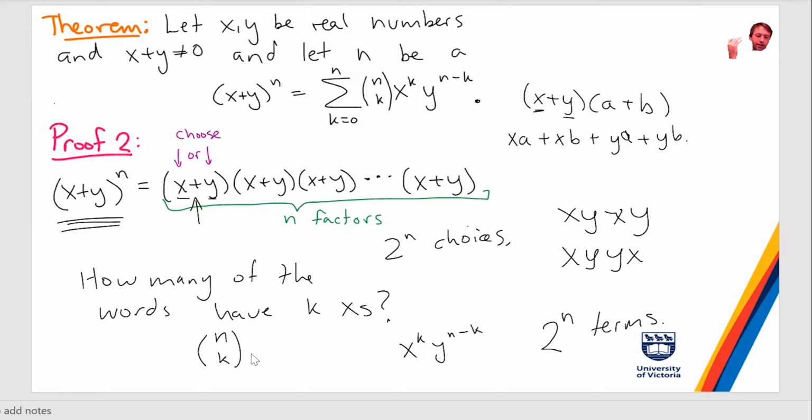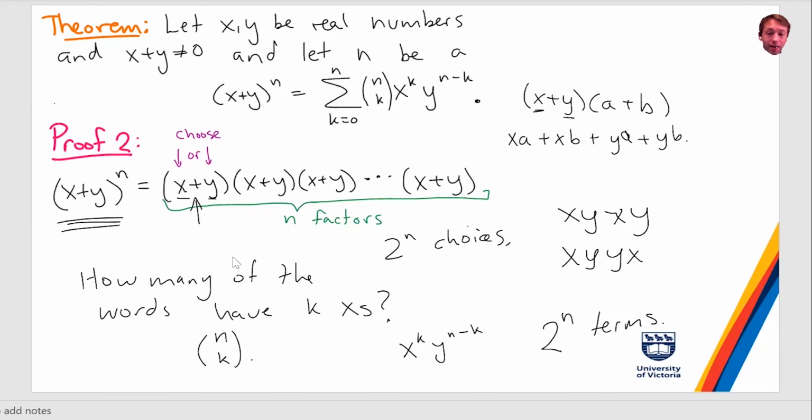So what I'm saying is that there's a one-to-one correspondence between the coefficient of the term x to the k, y to the n minus k, and the binary words, the words with k x's and n minus k y's. What I mean by 2 to the n terms is that if you don't combine anything, you get 2 to the n terms, because it's the same as the number of binary words.